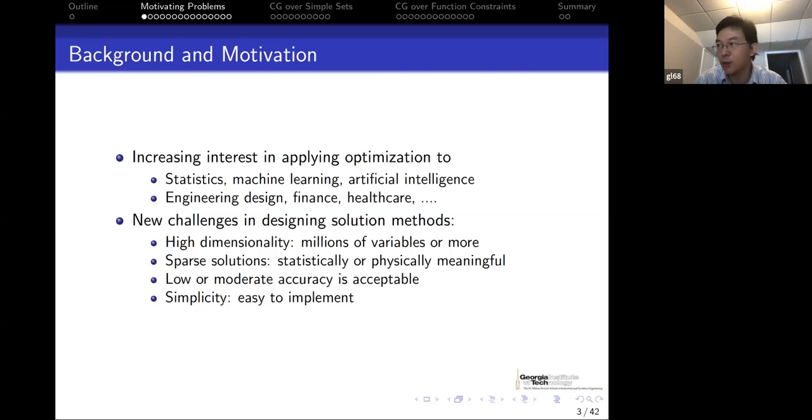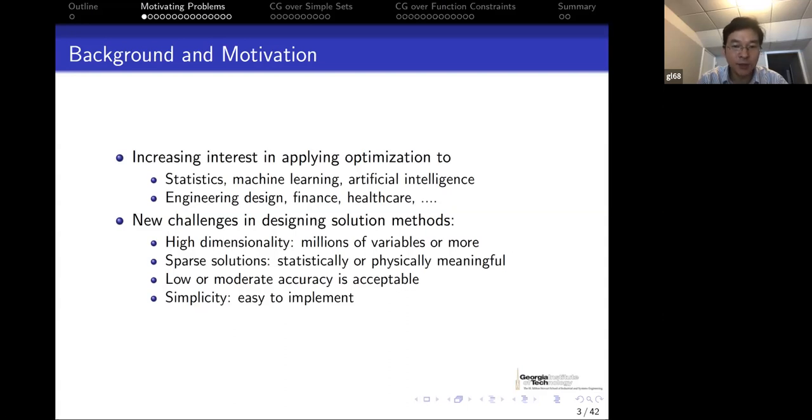We often require the solutions to have many zeros. The number of nonzeros is small, the rank is small, and this sparsity has either statistical or physical meaning, as we will see a little bit later. The third one, I cannot say it's a challenge, but it's a new characteristic for the design of optimization algorithms. Right now, we don't need to seek a highly accurate solution. A low or moderately accurate solution is acceptable.